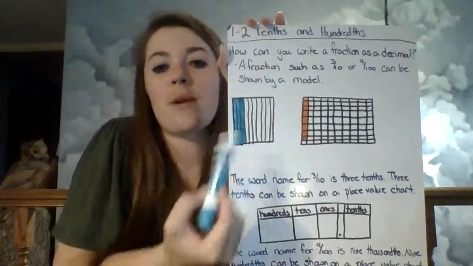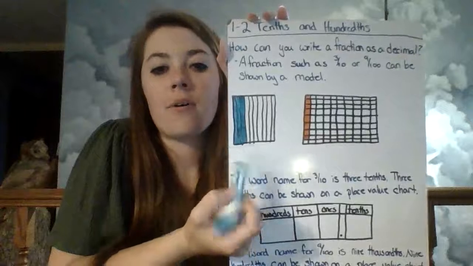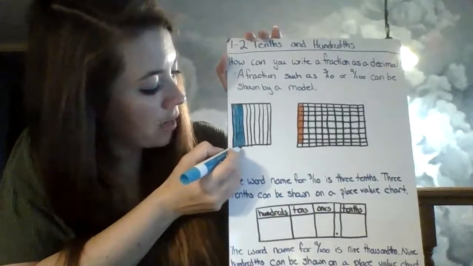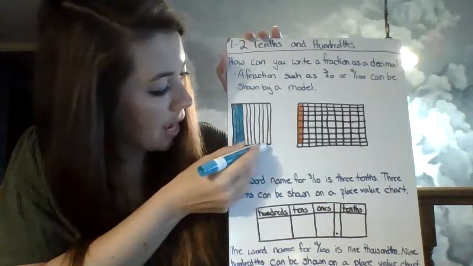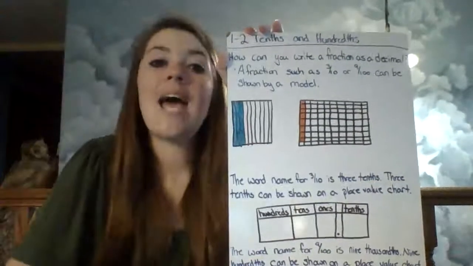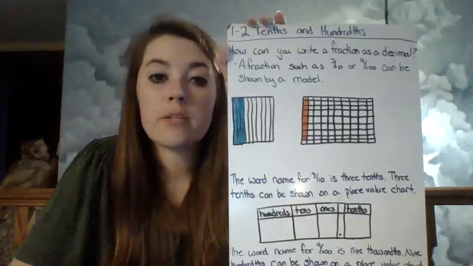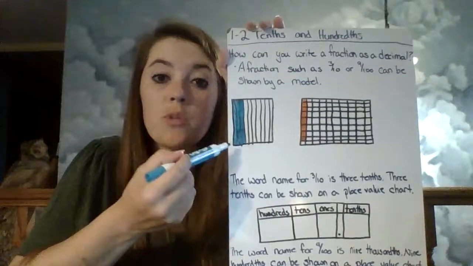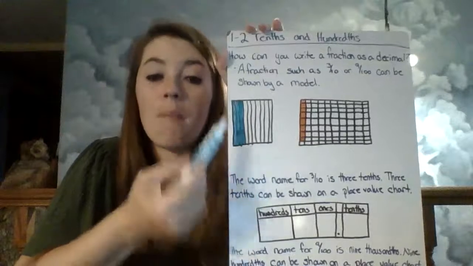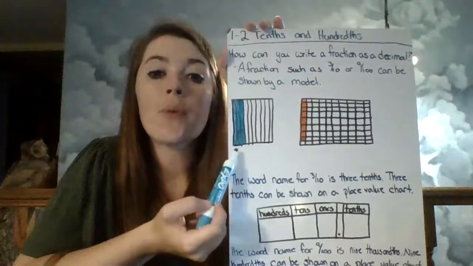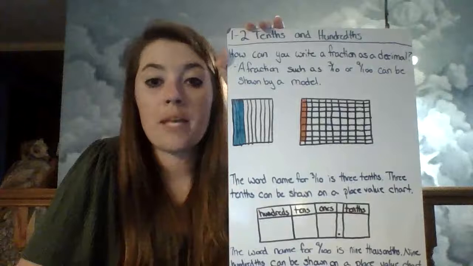If we look at this first one, we have 1, 2, 3, 4, 5, 6, 7, 8, 9, 10. We have 10 vertical bars making up this square. So this square represents one whole. There are 10 parts to make up one whole. 3 of those parts are being shaded.